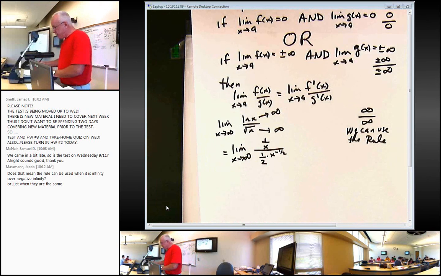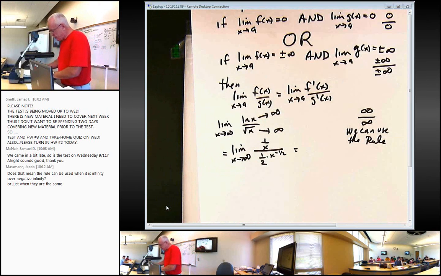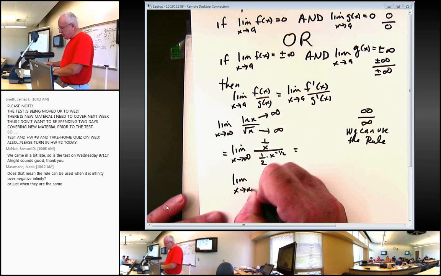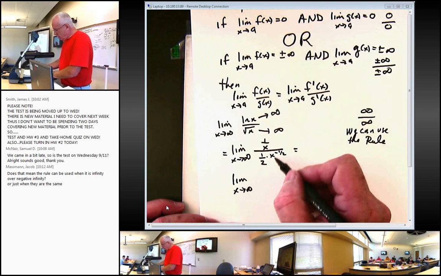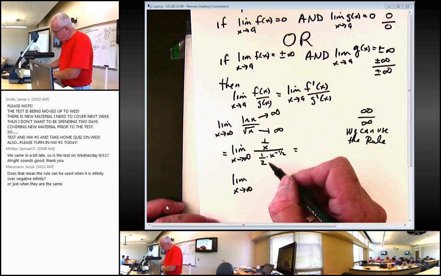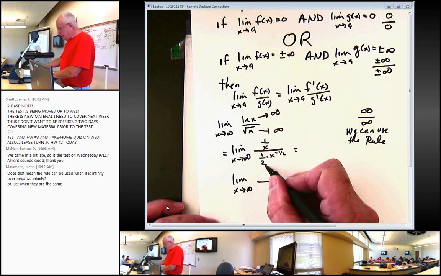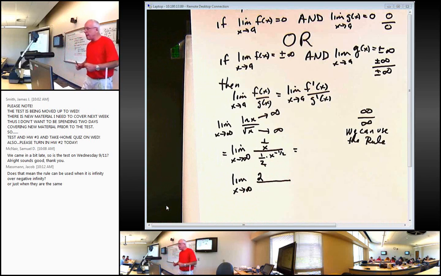All right, let's figure out what we've got here then. Let's look at the algebra with this. So this is the limit as x approaches infinity. Now what do we have here? First of all, when you divide by 1/2, that's the same as multiplying by 2. All right, so we've got that.